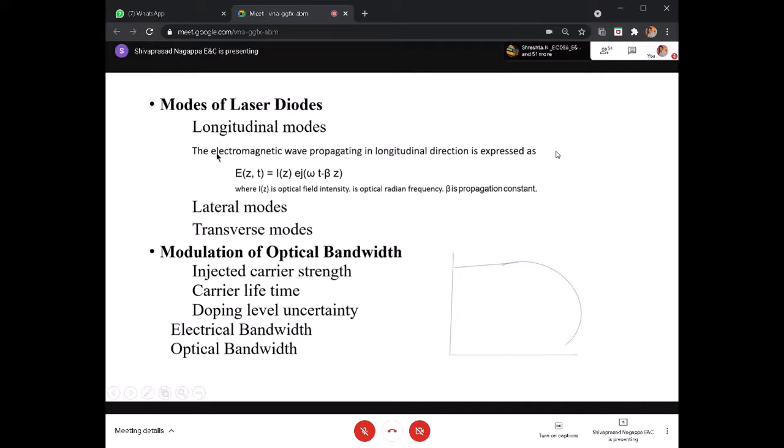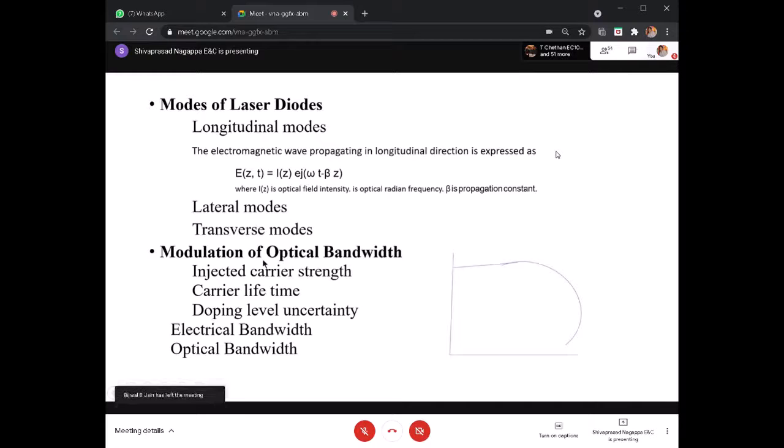The electromagnetic wave propagating in the longitudinal direction is expressed as E(z,t) = I(z) e^(j(ωt − βz)), where I(z) is the optical field intensity, ω is the optical radian frequency, and β is the propagation constant.